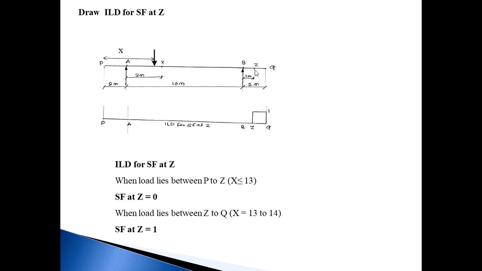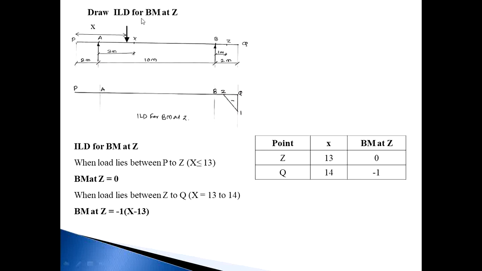So consider the minimum forces side, that is the right side of this ZQ, and this force is 1 kilonewton. So SF at Z is equal to 1, means when load crosses this Z point up to Q, the shear force becomes 1 kilonewton and it is constant. This is the sketch for shear force at Z, ILD.